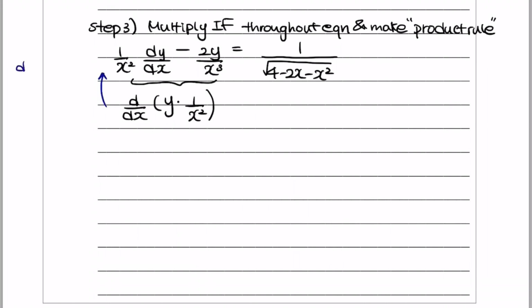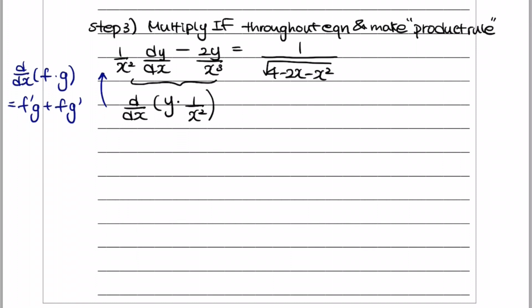If you recall the product rule, if you differentiate fg, it is equal to f differentiated times g plus f times g differentiated. So if you differentiate y, it becomes dy/dx, multiplied with the second term, which is 1 over x squared. So it gives your first term on the left.